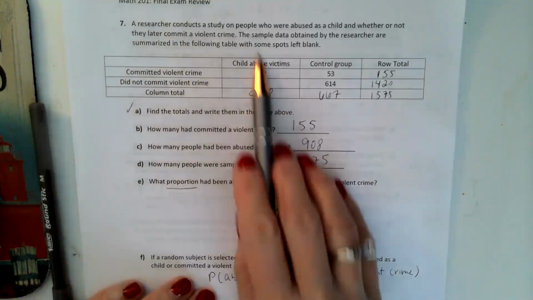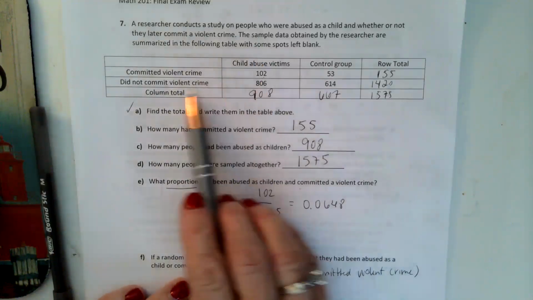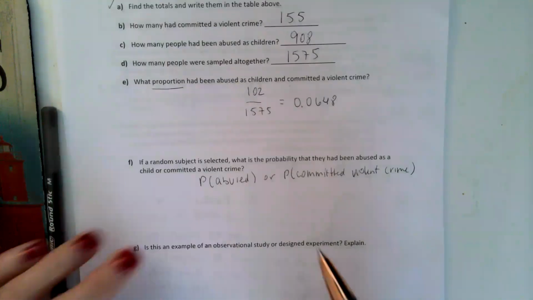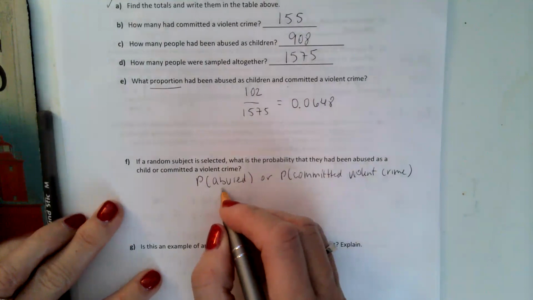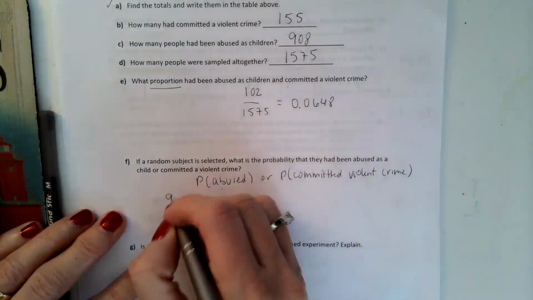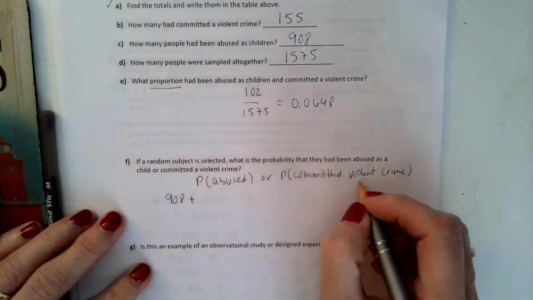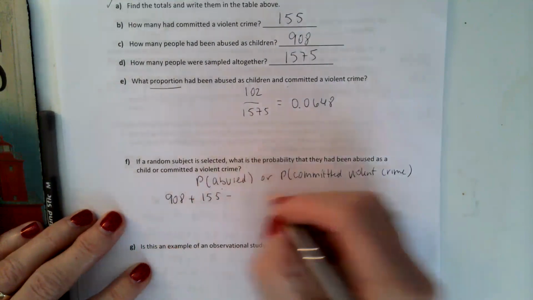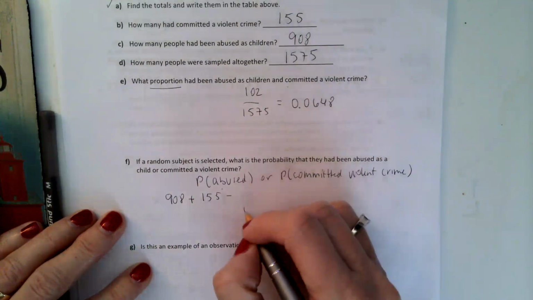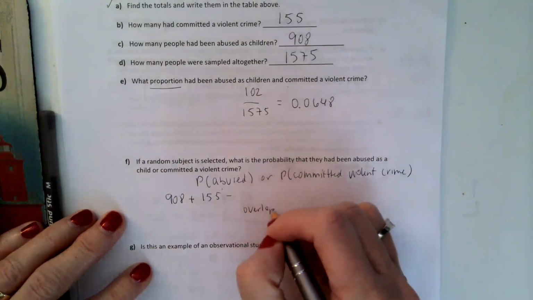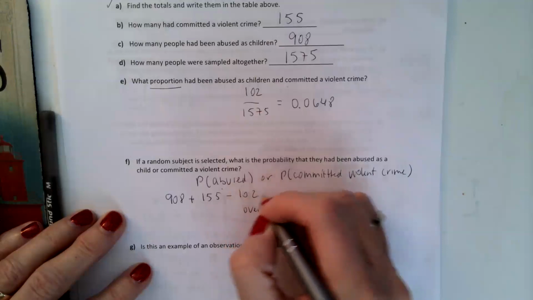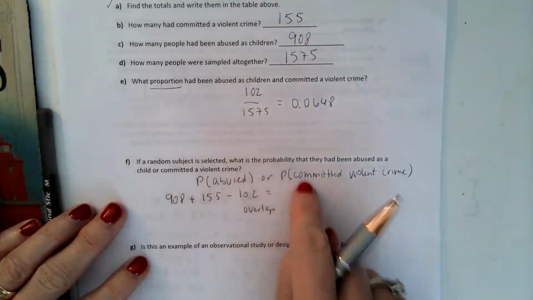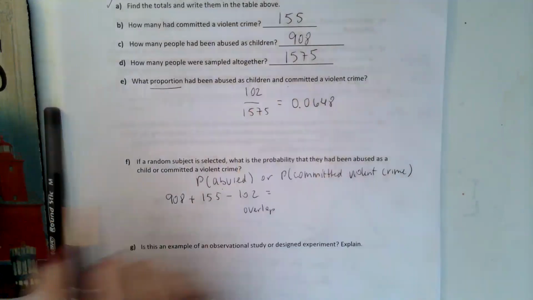They were abused is the column values, and committed a violent crime are the horizontal. And because there's overlap, we have to take that into account. So that means we're going to take the abused of 908 plus those that committed the violent crime, which is 155. And then we're going to subtract the overlap. And the overlap is that 102 from above here, because they were abused and committed a violent crime.